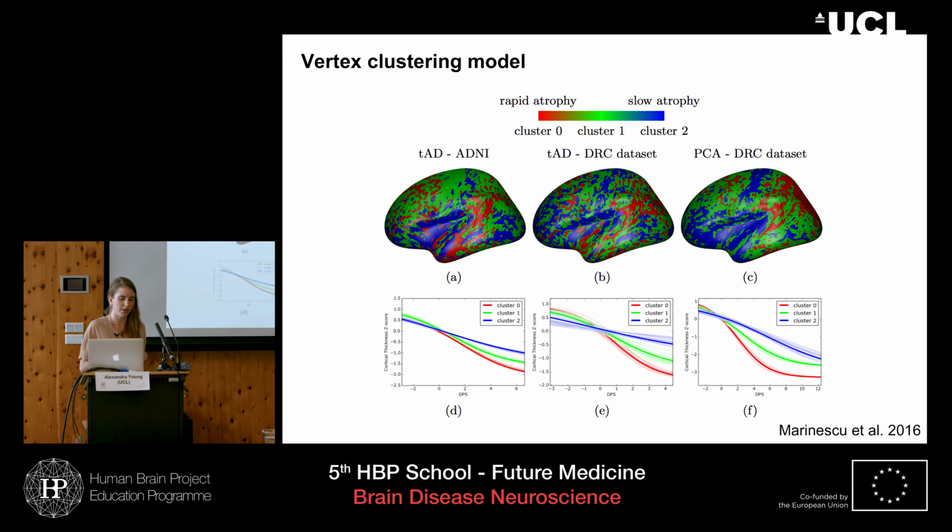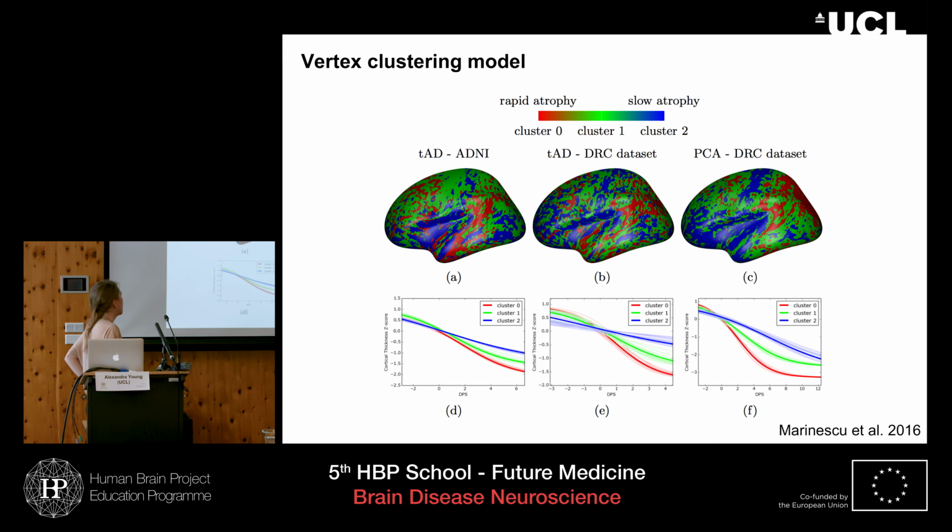Here's a nice example which extends this idea to have nonlinear trajectories. The way this is achieved is basically by finding clusters of trajectories that have a common rate of decline.